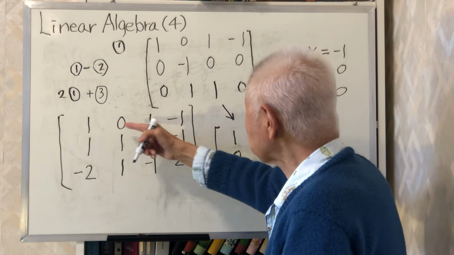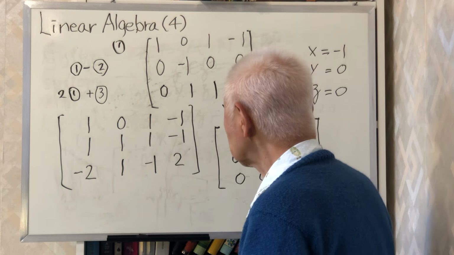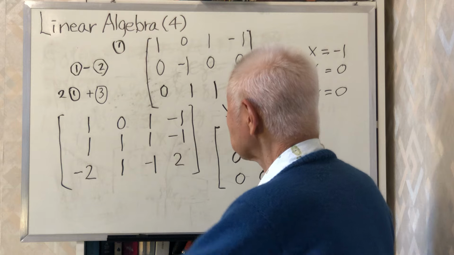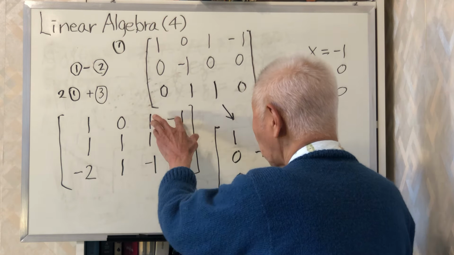So I call this row 1, row 2, row 3. So this is how I get this. This is 1, 2, 3.